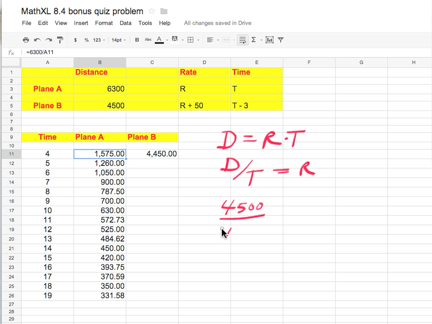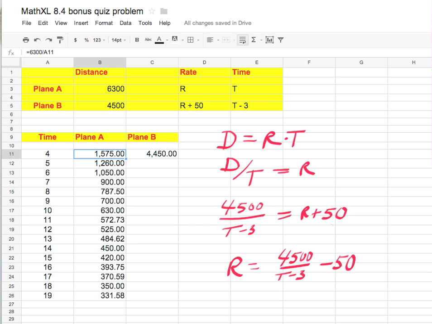Our time is t minus 3, and our rate is r plus 50. So we need to subtract 50 from both sides to get r. And so our r is really equal to 4,500 divided by t minus 3 minus 50. And so that's what I needed to figure the calculations behind this number right here.